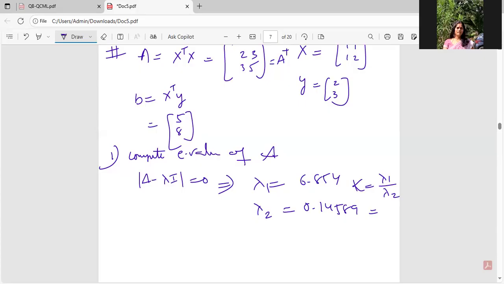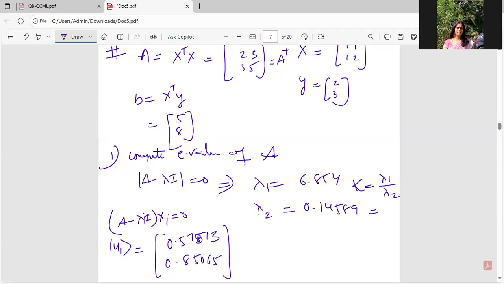Now, once I have this, I will as well find the eigenvectors, guys. How do I find? A minus lambda I into x1 is equal to 0, or xi, I will say, depending on how many ever values are there. That many eigenvectors I will be getting. This is one eigenvector, 0.85065.